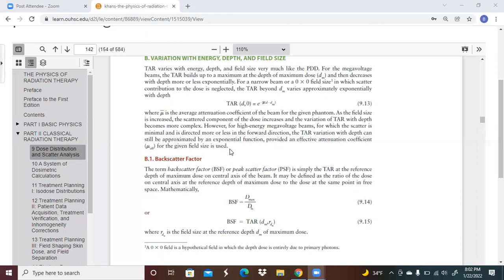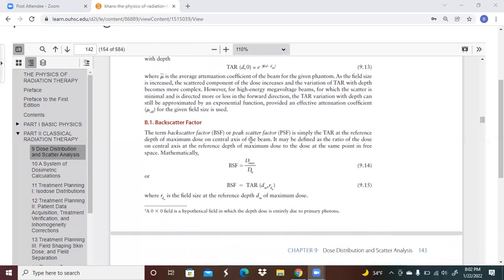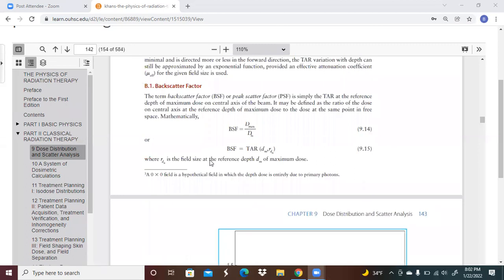With high energy megavoltage beams for which the scatter is minimal and is directed more or less in the forward direction, TAR variation with depth can still be approximated by an exponential function, provided an effective attenuation for the given field size is used. Now, the term backscatter, which is going to be next, or peak scatter factor, is simply the TAR at a reference depth of maximum dose on the central axis.